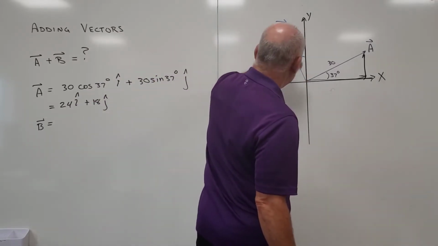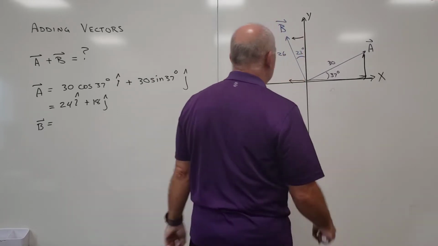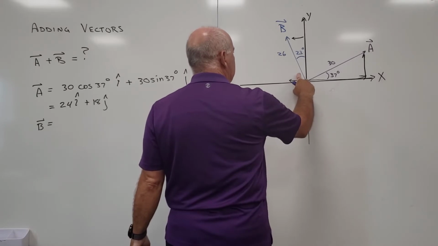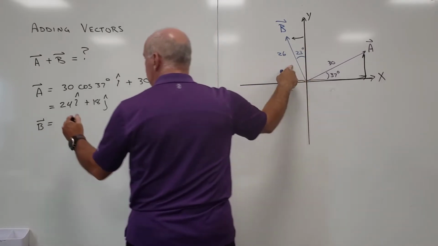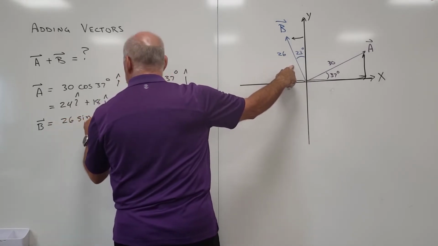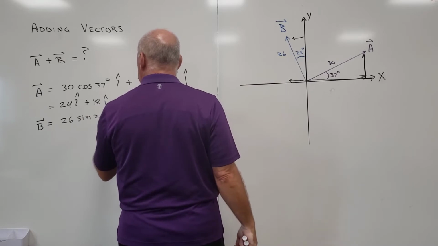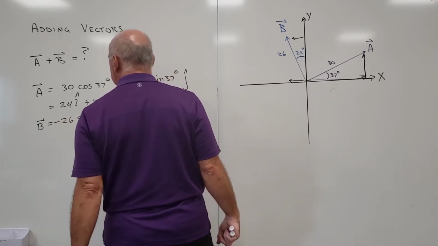And so the x component is actually here. I could draw it up there as well. And I would be wanting this angle, but I'm given this angle right here. So this is going to be 26 sine 23 degrees. And that's in the i hat direction, but it's to the left, so that's negative.